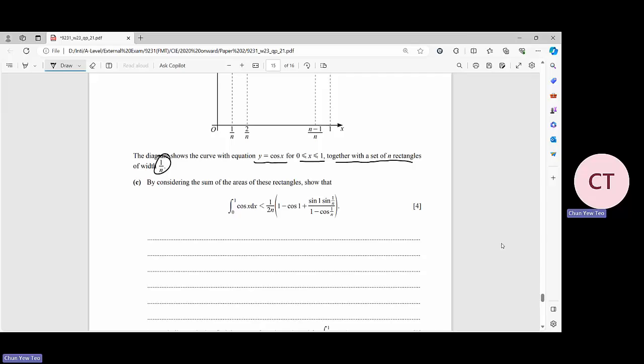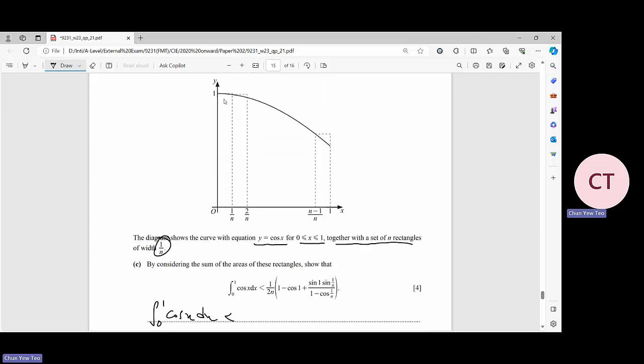By considering the sum of the areas of the rectangles, show that this relationship holds. The exact area is the integration of cos, but it is less than, which means we need to take a higher rectangle.